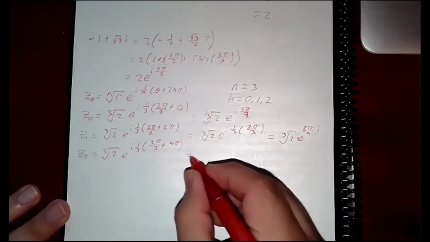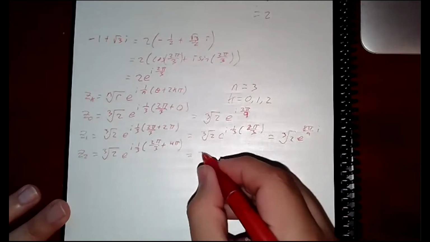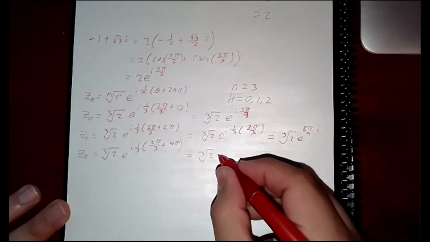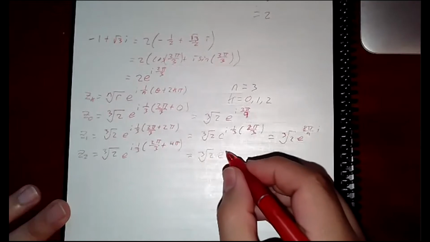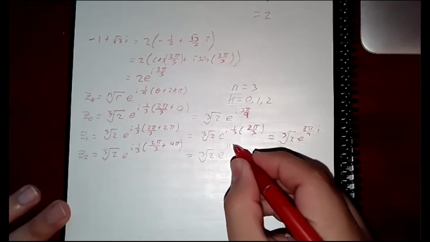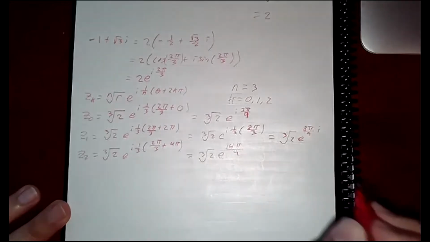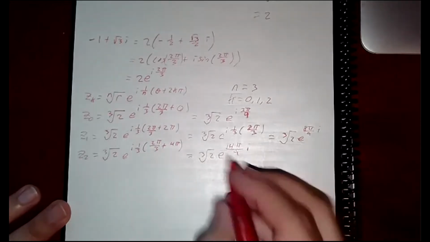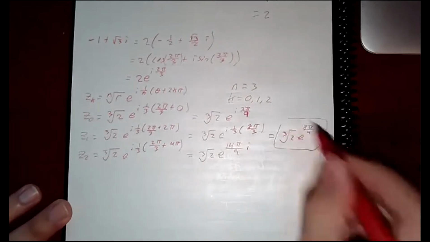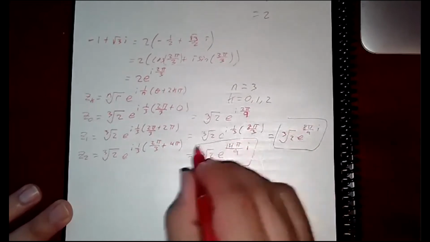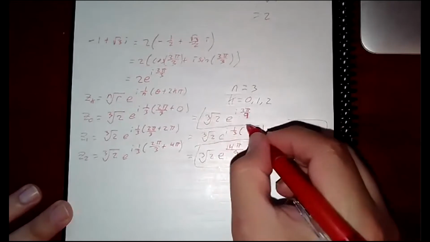That would give us cube root of 2 e to the 14 pi ninths i. So my answer would be this one, this one, and this one.